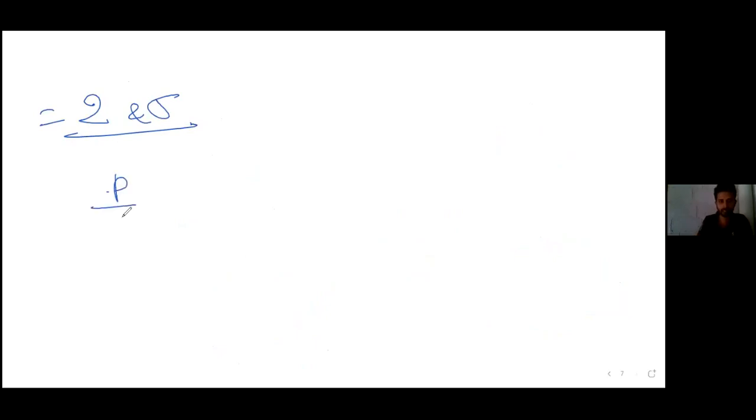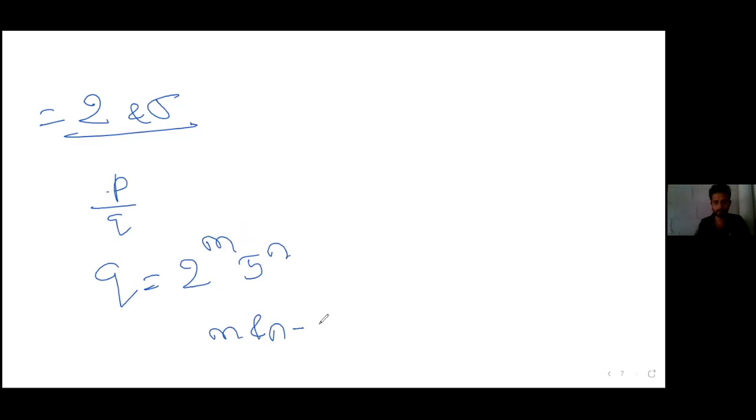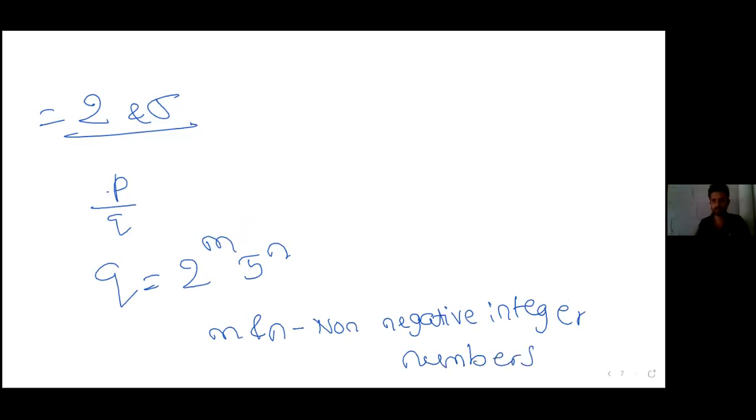if p and q form a rational number, where the prime factorization of q, the denominator, is of the form 2 to the power m and 5 to the power n, where m and n are some non-negative integers, right?